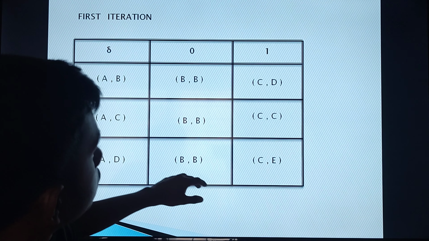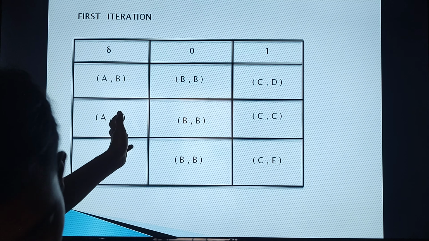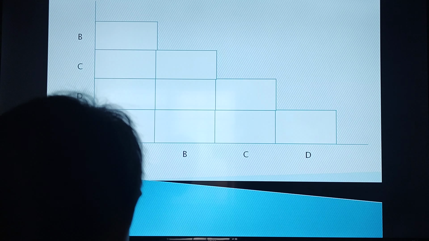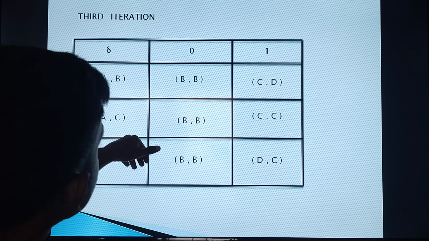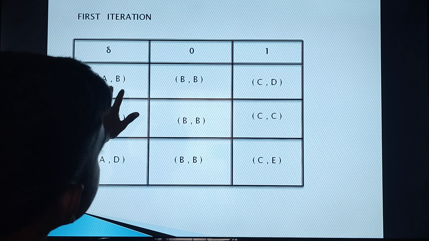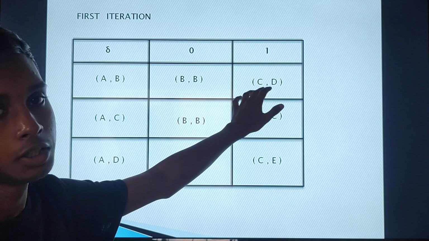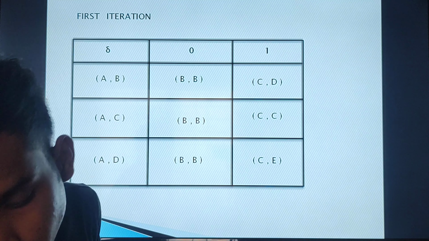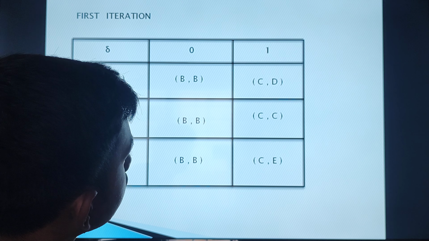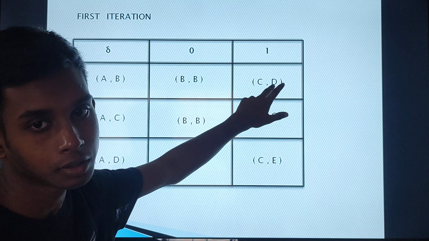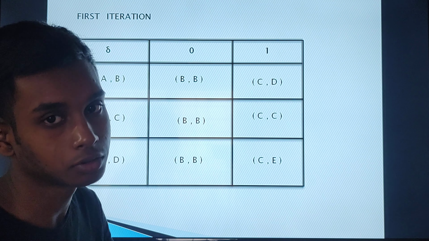Next step, we have to mark the transition table. If for any pair P, Q both are final or both are non-final, we do not have to mark onto the transition table. And if one is final and the other is non-final, then we have to mark it on the transition table.